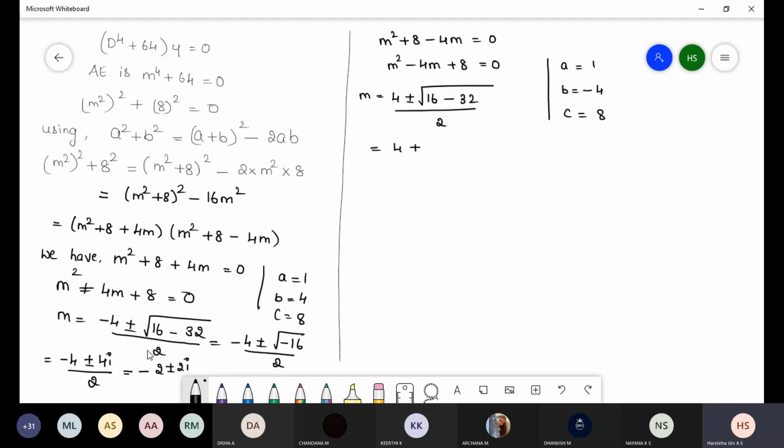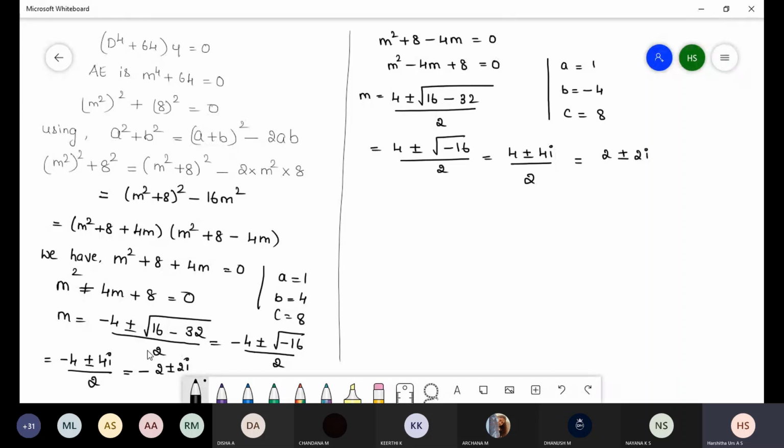So 4 ± √(16 − 32 = −16), divided by 2. So 4 ± root of −16 means 4i, divided by 2. Take out 2 as a common. So 2 will get cancelled. Remaining 2 ± 2i.